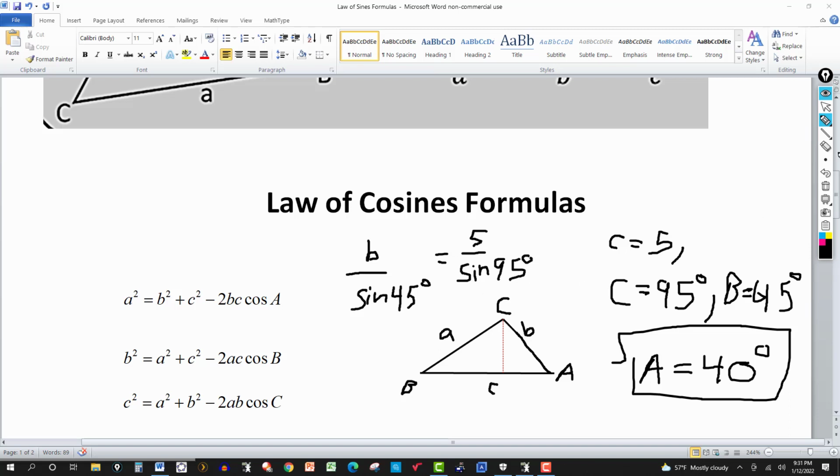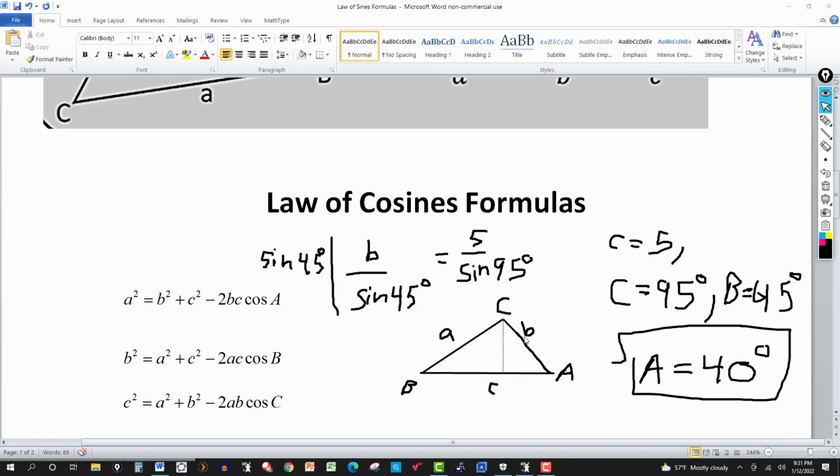Okay, so now all I got to do is solve this equation for B. Very straightforward. 5 divided by the sine of 95 multiplied by the sine of 45 degrees. So obviously it's going to cancel on the left side. So on the right side it would be 5 over the sine of 95 times the sine of 45.